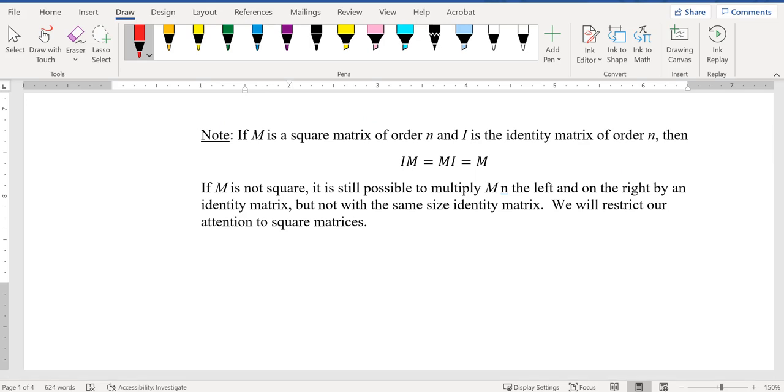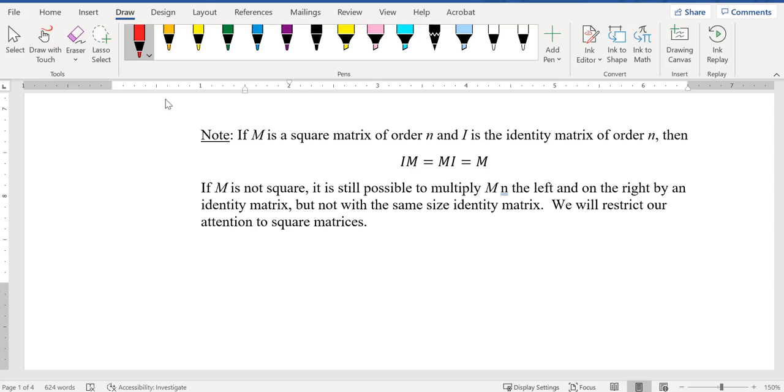Okay, a note down here at the bottom says if M is a square matrix of order n, and I is the identity matrix of order n, then when you do matrix multiplication I times M or M times I, you get back M. If M is not a square matrix, it is still possible to multiply M on the left and on the right by an identity matrix, but not with the same size identity matrix.